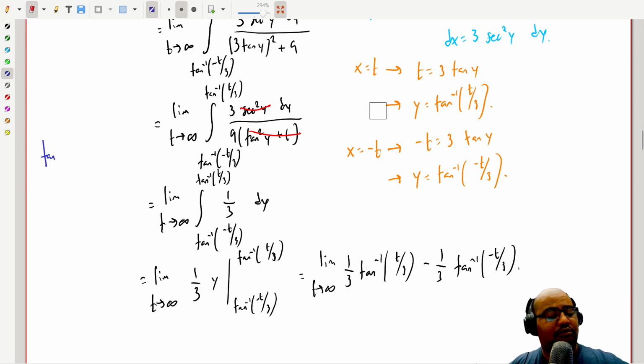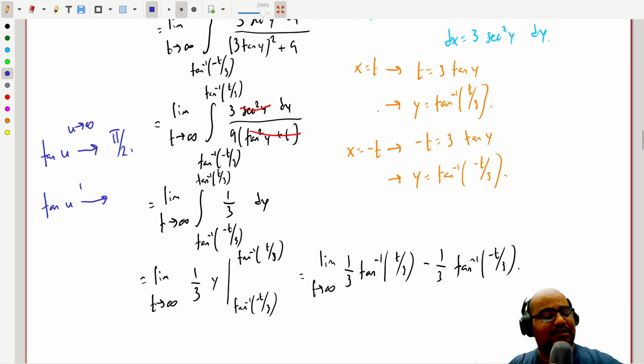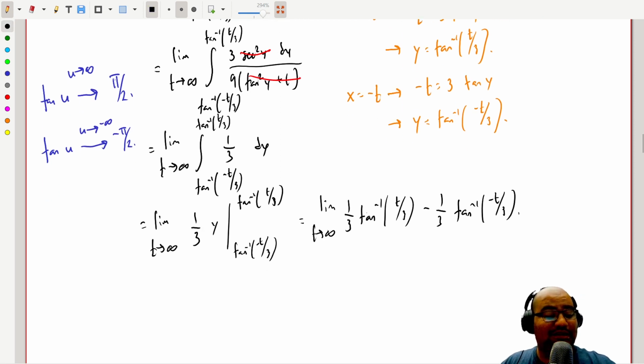Let's write arctan u: what does it go to as u approaches infinity? As u approaches infinity, arctan approaches pi over 2. And as it approaches minus infinity, it approaches minus pi over 2. So that's helpful.